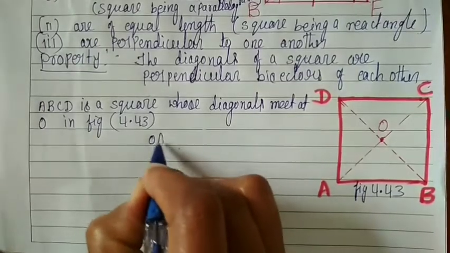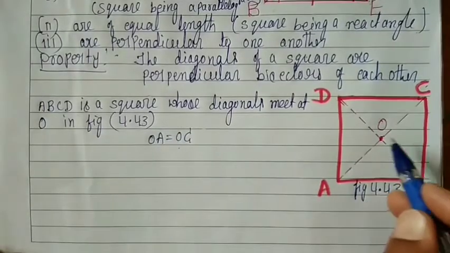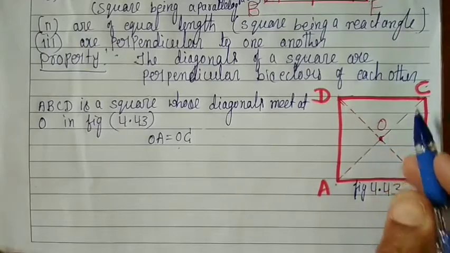So, OA is equal to OC. Look at this, OA is equal to OC.